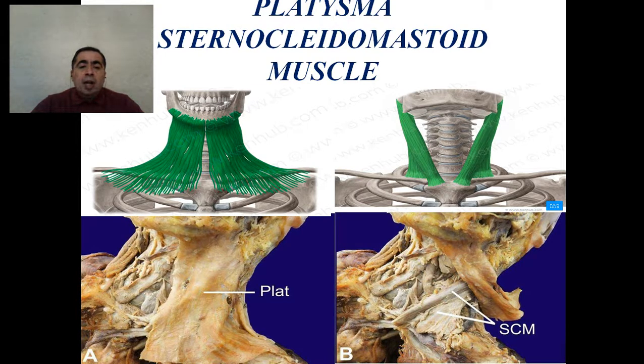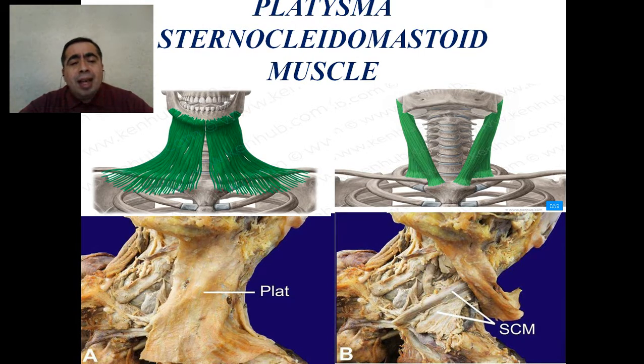It's our platysma, or subcutaneous muscle. It is located just under the skin, and it looks like the mimic muscles. It originates at the level of the second rib from the fascia and goes superiorly and medially.